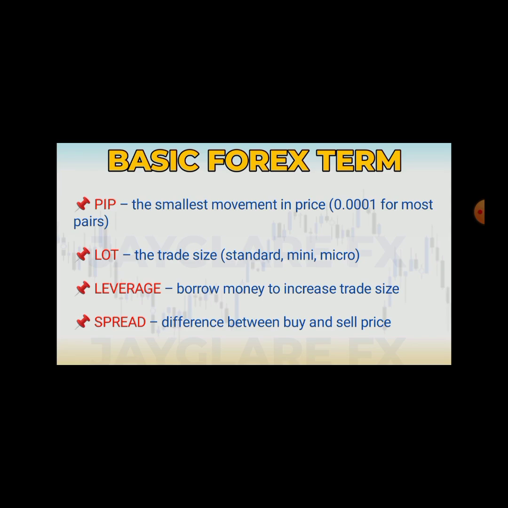If the cost at which you buy a currency is higher than the cost you sell, the spread is going to be 100. You see that? So you bought something at 17 and then you sold it at 16. So that's the spread, the difference between the buy and the sell price.